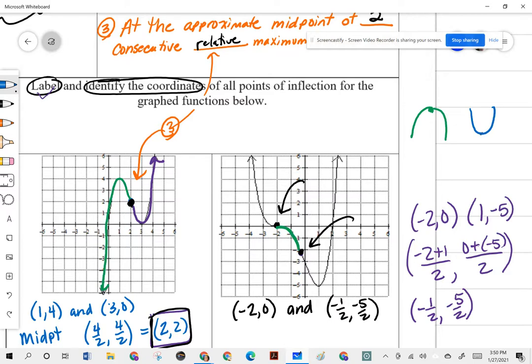So remember, you've got this point right here that goes up. So this is concave up. You also have this portion of the coffee cup. So in other words, if it would hold water, then it's going to be concave up. If it is going to spill water, then it's going to be concave down.